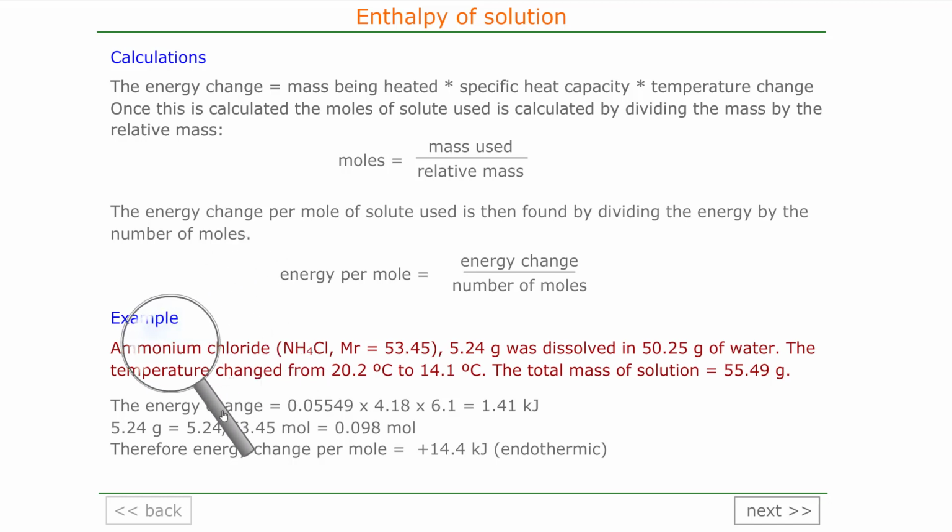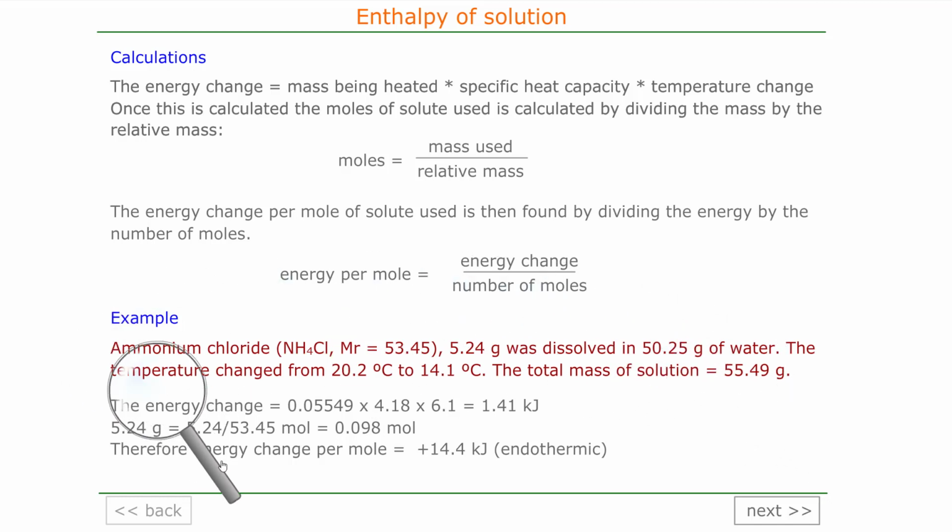Ammonium chloride, which has the formula NH4Cl, has a relative mass of 53.45. If we dissolve 5.24 grams in 50.25 grams of water, the temperature changed from 20.2 to 14.1, and the total mass of the solution will be 5.24 plus 50.25, which is 55.49 grams.